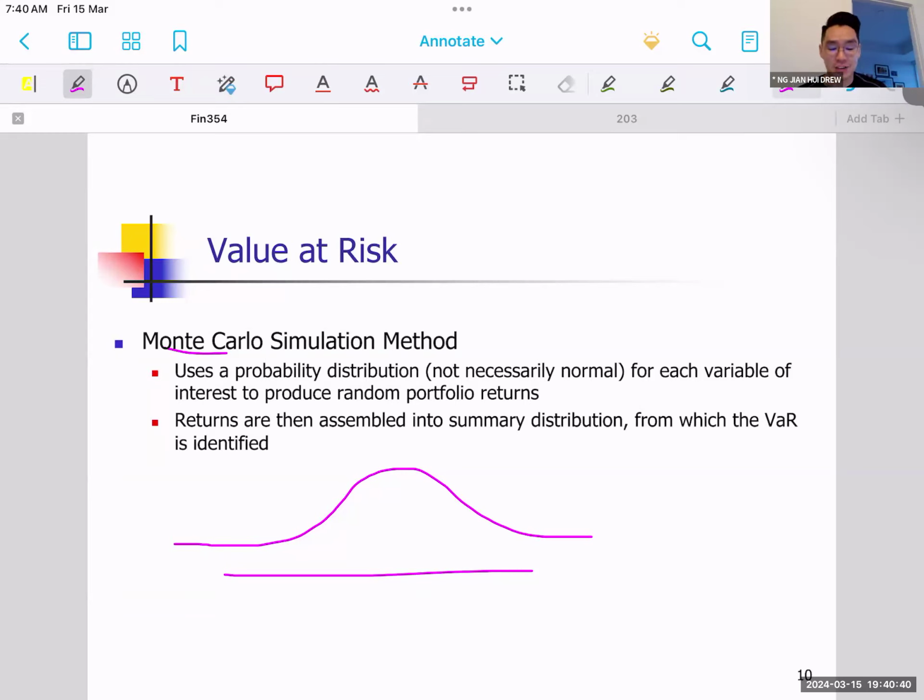So that's the Monte Carlo simulation approach. You simulate the full range of values, and hopefully this full range of values gives you a normal distribution, and from there we can determine the VaR. The method of simulation is called the Monte Carlo simulation.